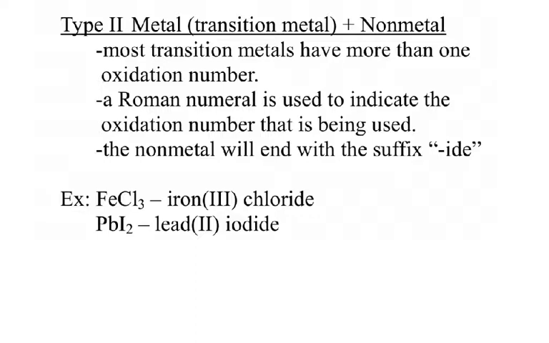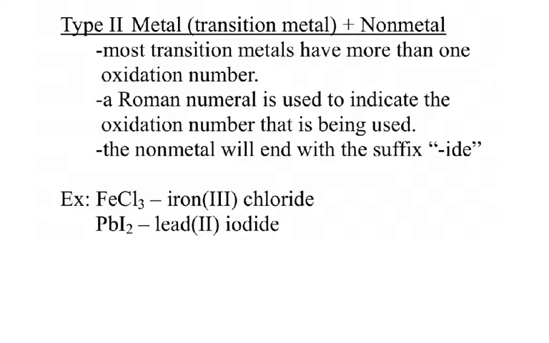The oxidation number would be the charge in this example. Now, the nonmetal is still going to end in -ide. The difference is that the transition metal will have a Roman numeral, like you see in the examples below.